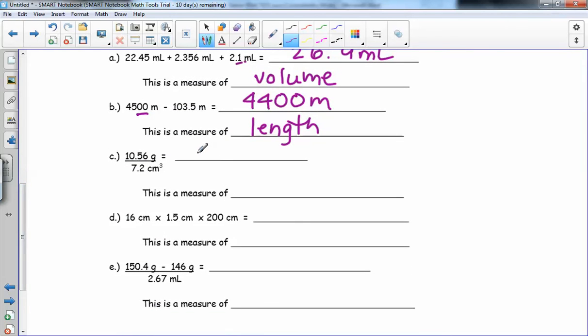Now we have a division, and we have 4 sig figs on the top, 2 on the bottom, so of course I'm going to round my answer to 2 significant figures, and this is grams per centimeter cubed, which is a measure of density.